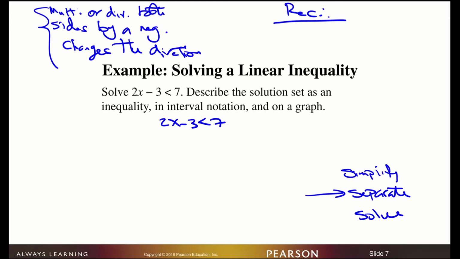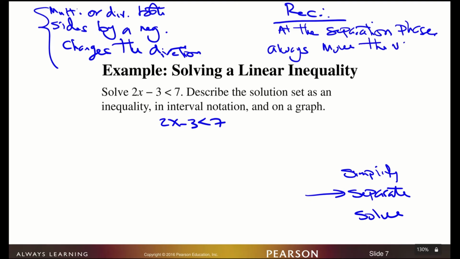Well, with inequalities, you can do that too, but because it's easier to interpret if the variables are on the left side, the recommendation at the separation phase is to always move the variable terms to the left side.